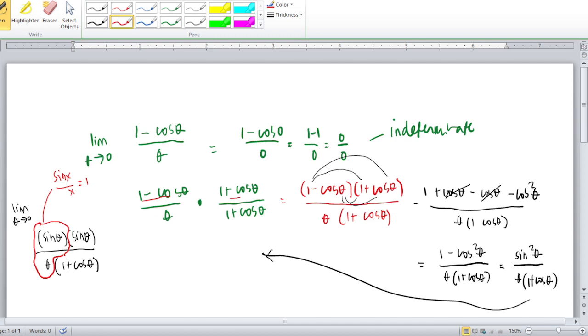So, therefore, masisimplify siya as 1. Nakuha nyo? So, 1 siya, and then, since 1 ito, the equation will then become sin theta over 1 plus cosine theta. Do you follow class? So, itong buong quantity na to magiging 1 na lang siya.